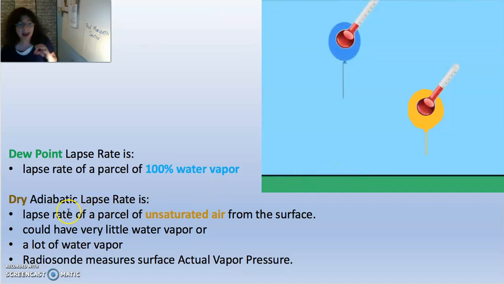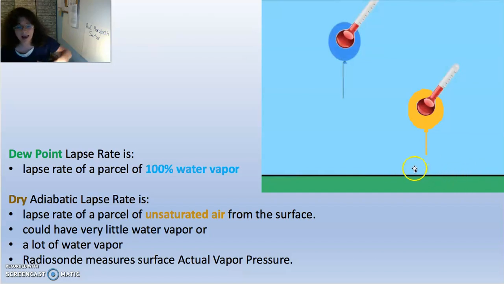And the dry adiabatic lapse rate parcel, or the dry parcel, is an imaginary parcel of air that we collect at the surface that does not have 100% water vapor. This is regular air. It has between 1 and 4% water vapor. It is unsaturated air because it is not condensed. It's not a layer of fog that we are picking up at the ground surface.